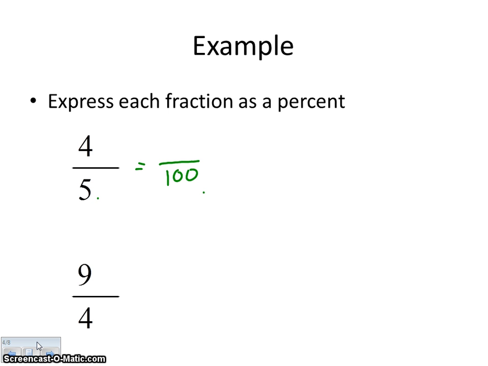Well, I can multiply by 20 to get me to 100. Well, if I multiply the bottom by 20, I've got to multiply the top by 20, and I get 80 over 100. And so then from here, we are going to just say this equals 80%.